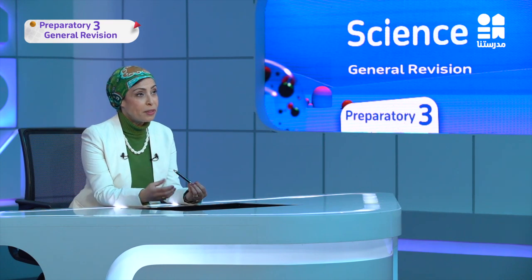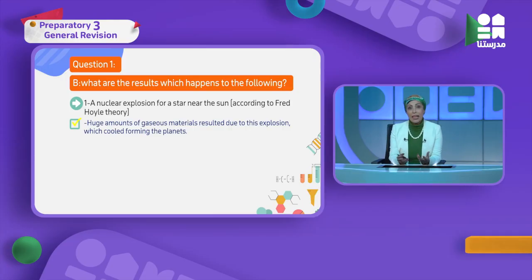It's the same as a what-happens-if question. So what happens after the nuclear explosion? Of course, the amount of gaseous materials resulted due to this explosion then starts to cool, solidify, and form the solar system. So at the beginning you say that many gases are scattered or formed due to this explosion, and finally resulted in the formation of the solar system.